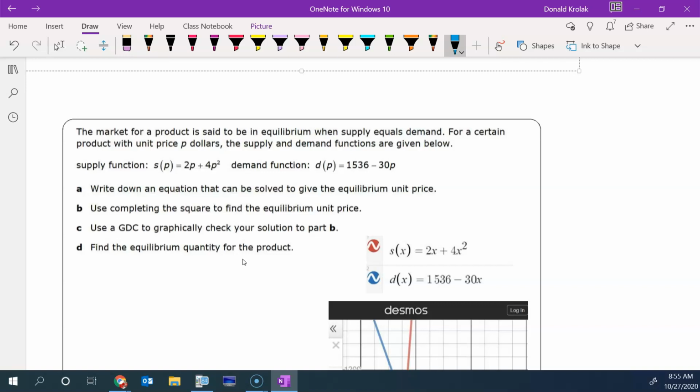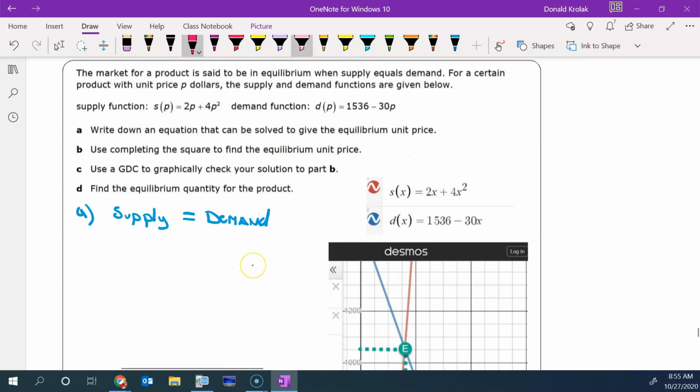So to find the equilibrium price, we want to set supply equal to demand. So we take those two equations and we set them equal to each other. Where do they intersect?